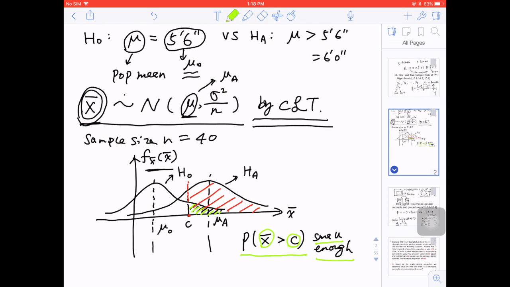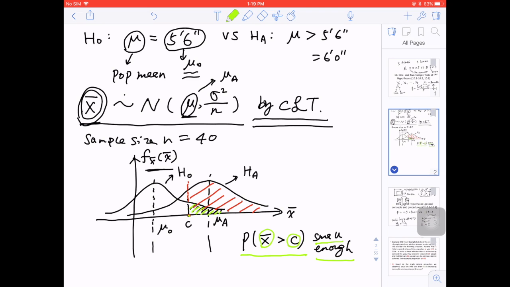So normal people would say, we don't have enough evidence to prove that this will happen. However, if you assume that the alternative hypothesis is true, and you fix this value, the probability that you observe an x bar larger than this critical value is very large.